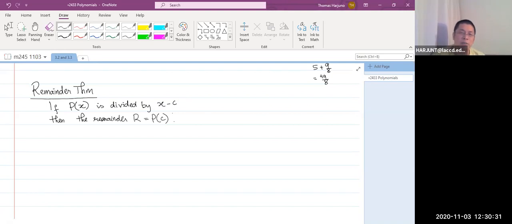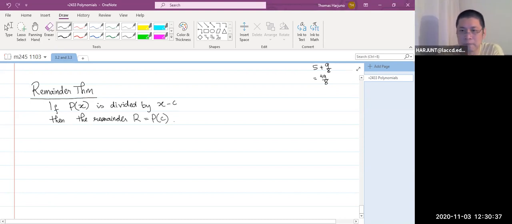If P(x) is divided by x minus c, then the remainder is P(c). Let's show what it is saying first. Proof.